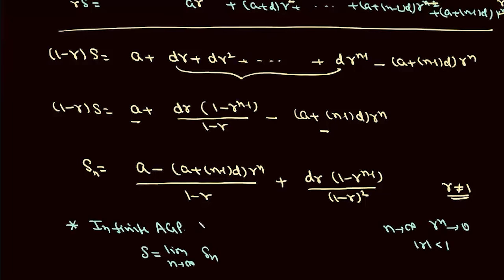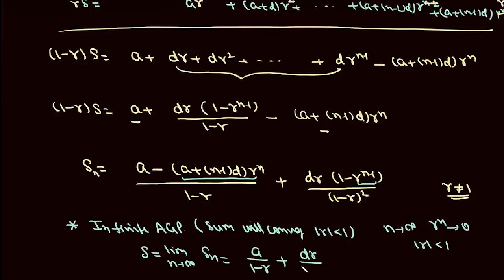So for an infinite AGP, the sum will converge if R lies between minus 1 and plus 1. Then in that case, all the terms containing R to the power n will be 0. So this term will be 0 and this term will be 0. So we'll get the sum of an infinite AGP where R lies between minus 1 and plus 1 as A upon 1 minus R plus dr upon 1 minus R square.